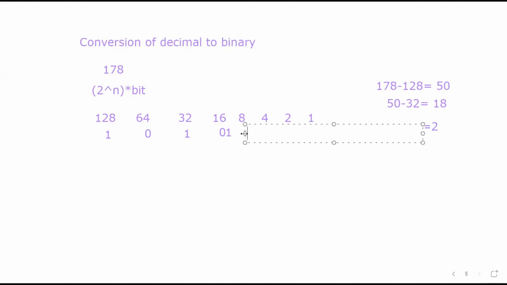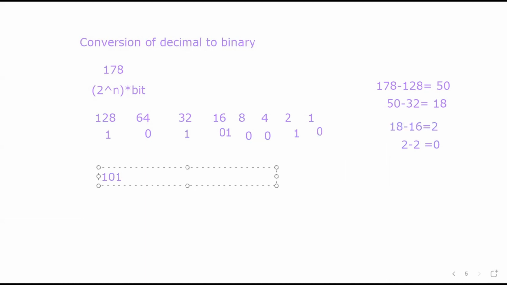Then 2 subtract 2 is 0. So I put 1 on 2 and on the others I put 0. The value becomes 1, 0, 1, 1, 0, 0, 1, 0. Right? This is the shortest way to convert decimal into binary.